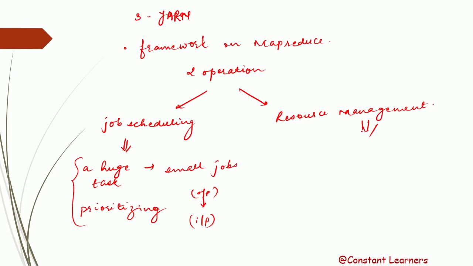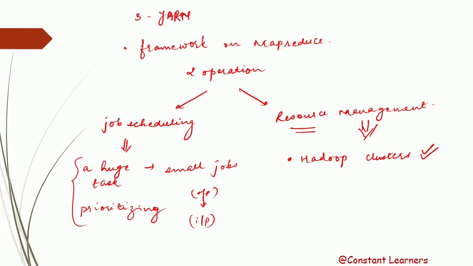Now we know that the Hadoop architecture works on Hadoop clusters. This we have already discussed, that all the operations that are being performed by the Hadoop architecture are performed on Hadoop clusters, because the data is stored in the form of clusters. So whatever resource is required to process this data on the Hadoop clusters is provided by the resource management.